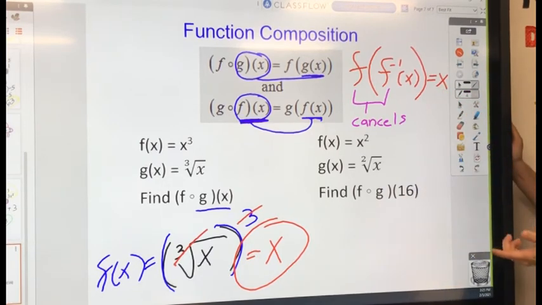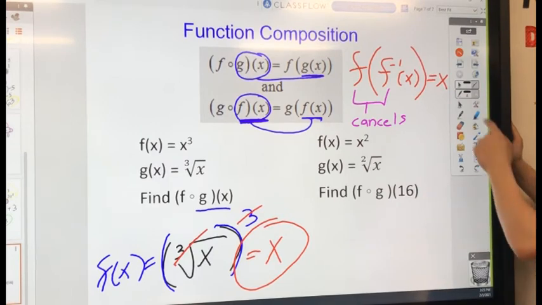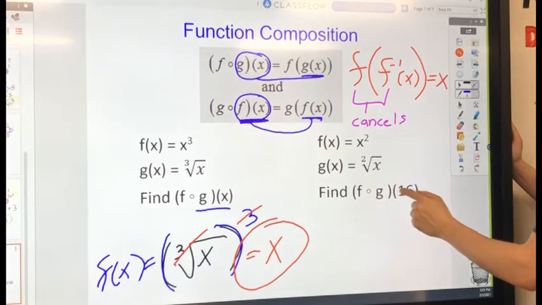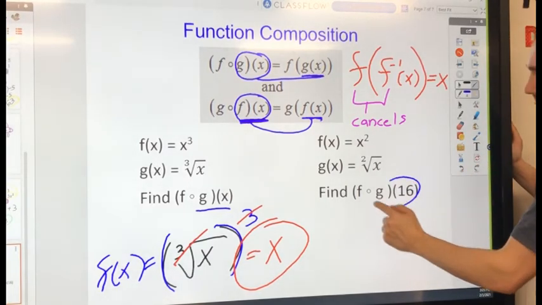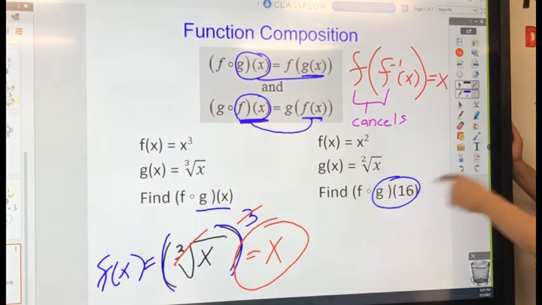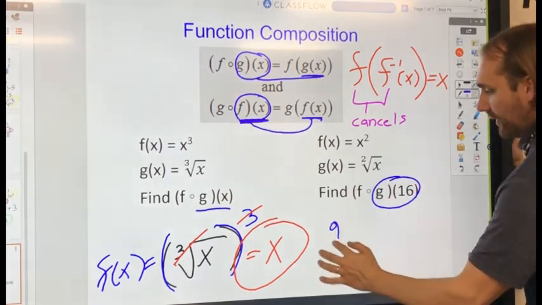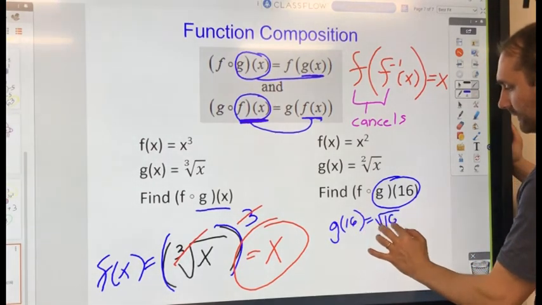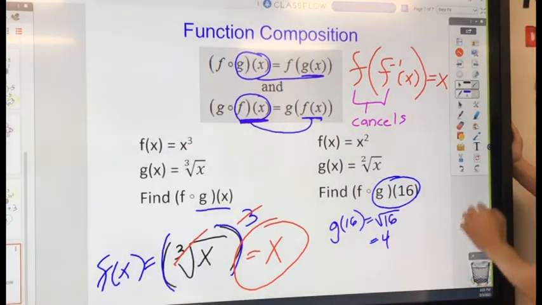Now, if you didn't see that and you want to work this out, which one would I evaluate first? G of x. Sorry, this one, right? This is my inside. The one that's closest to the number. G of 16. So g of 16 is the square root of 16, which equals 4.